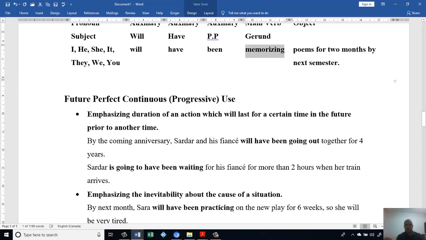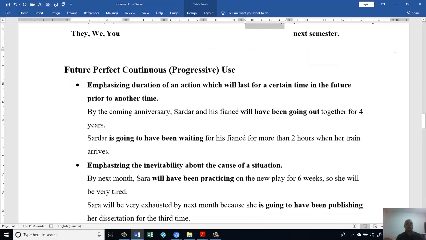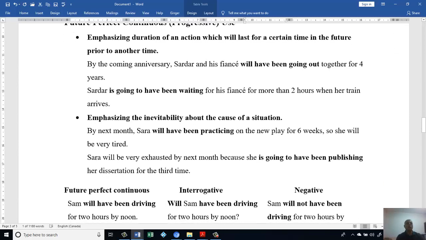Now let's look at how we construct this kind of sentence. Emphasizing the duration of an action which will last for a certain time in the future, prior to another time. Let's look here.